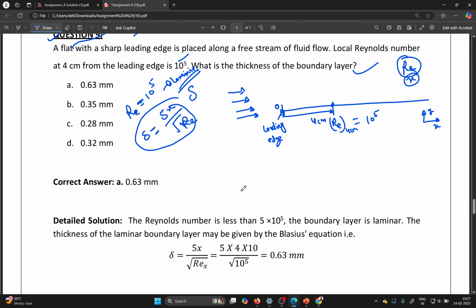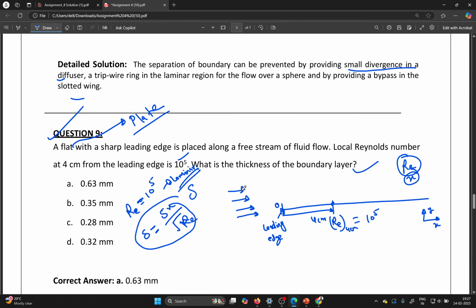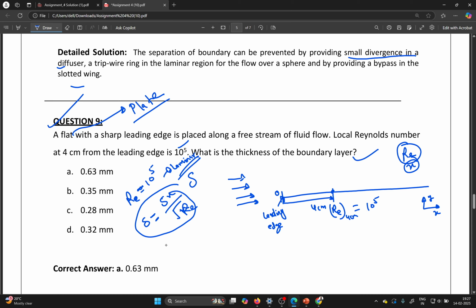Yes, 5x divided by root Re. So your delta is equal to 5 into x, which is given as 4 centimeter. If you want the answer in mm, you need to multiply by 10, and Re is 10 to the power 5, root under. After calculation you will get 0.63 mm. So this is the thickness.